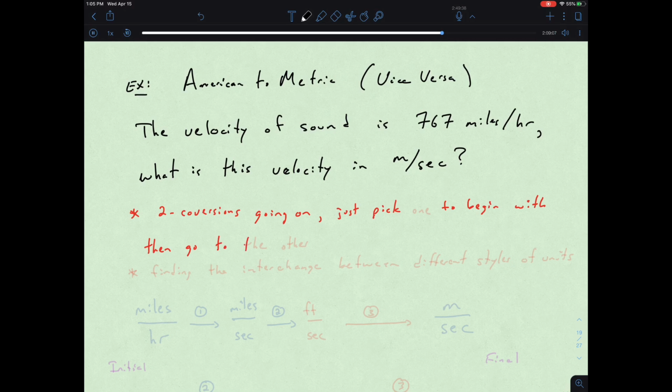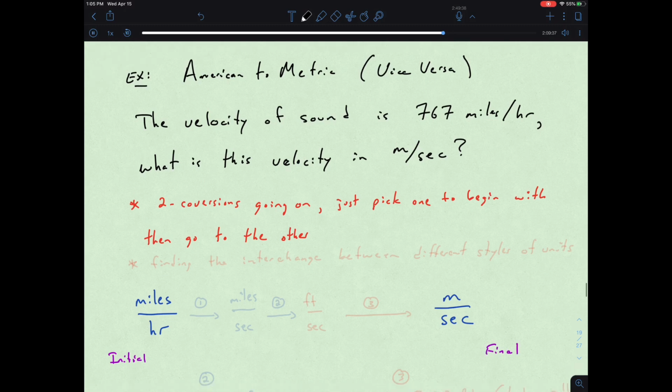Then go to the other. Meaning that if we look at where we want to go, we're trying to get to meters per second. And where we're starting off at is miles per hour. So here's our initial, and here's our final.